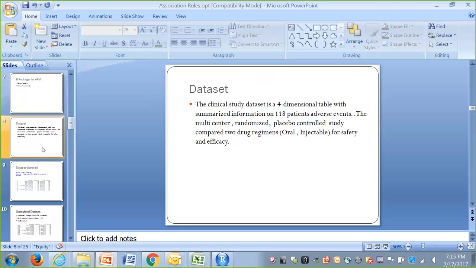This was a multi-center, randomized study. We had a placebo control, and then we looked at two drug regimens, oral and injectable, for the study and efficacy. Like I was saying, this is a fairly small data set, but I think it'll give you a good understanding of how rules play.